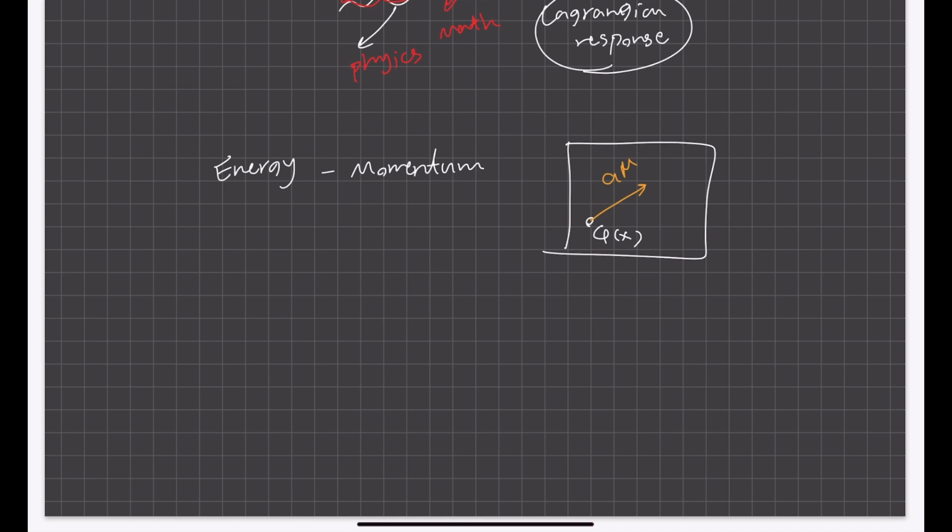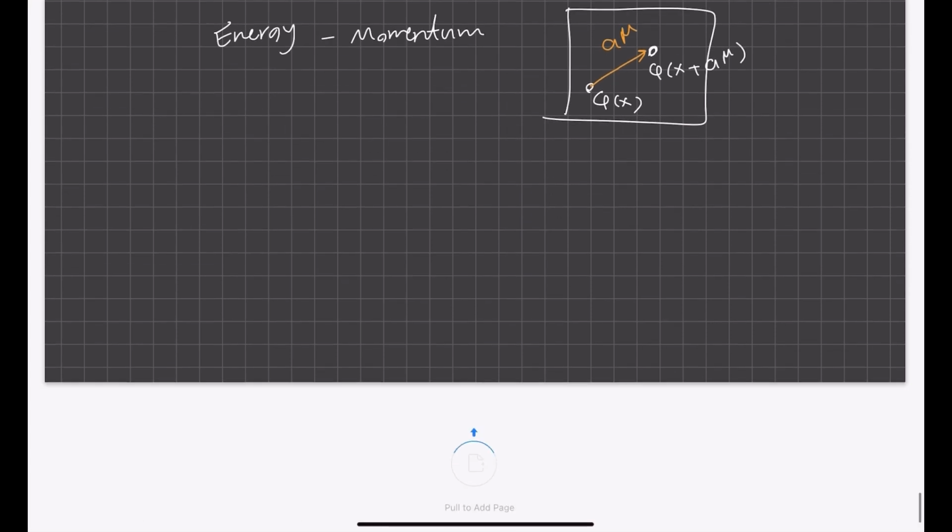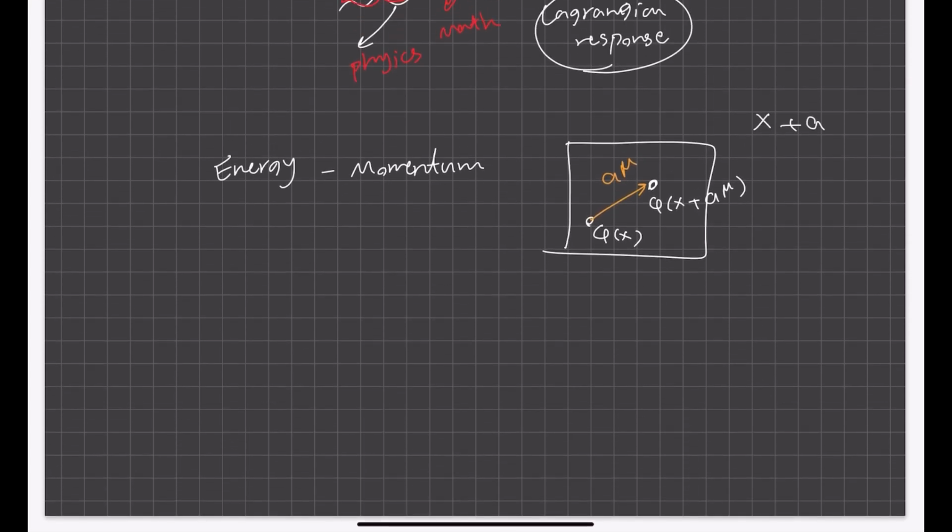So my vector a mu is my infinitesimal parameter, and I translate the field into another point, so x plus a. And a is a form of vector. There is something we can work out the mathematics of. This is called a space-time translation.